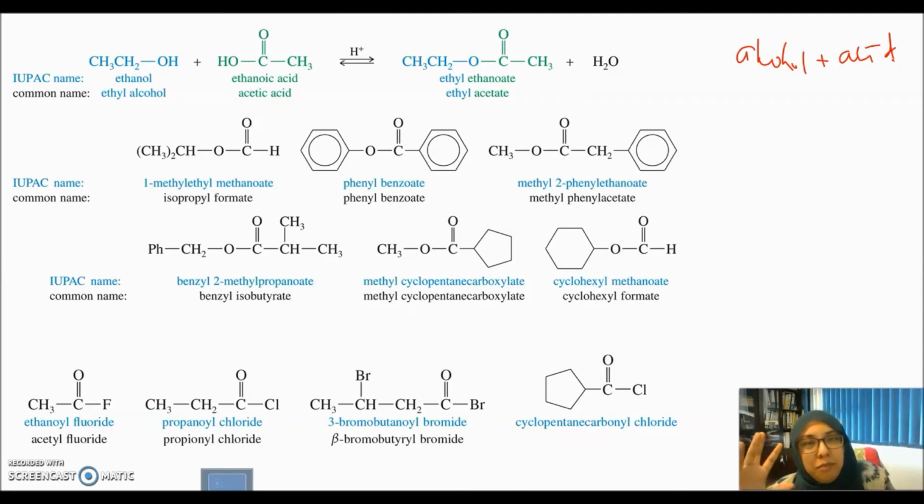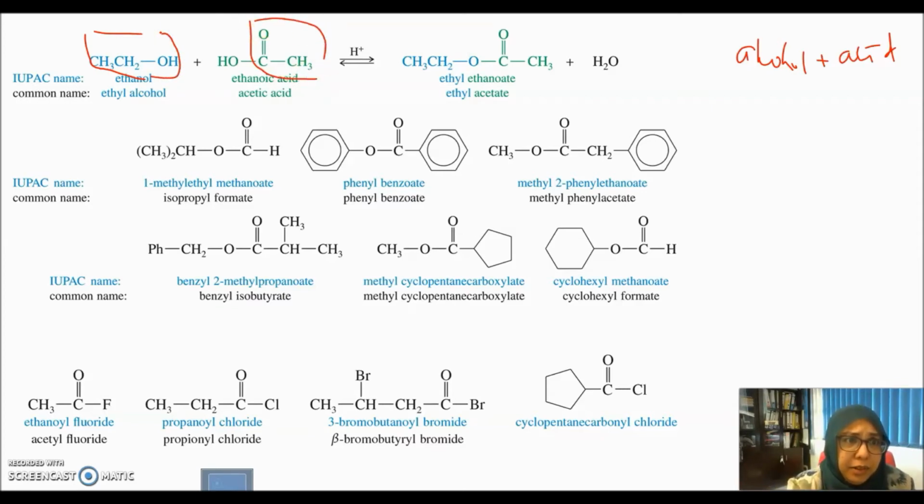This is very straightforward because you are looking at both ethyl. What you will do is take the part of ethanol there and combine it with the part here. You just cleave out the H2O, and you will get ethyl ethanoate, the IUPAC name.